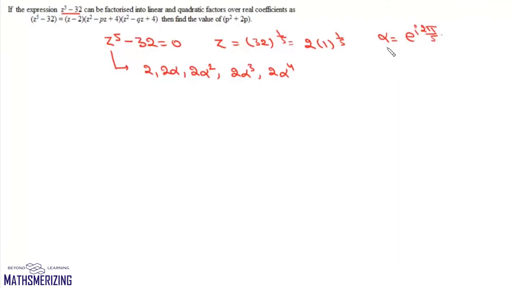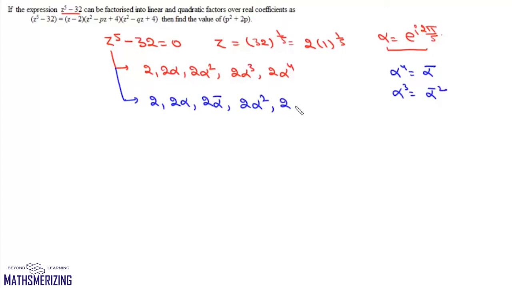Now since alpha is the fifth root of unity, we know that alpha to the power 4 is alpha bar and alpha cube is alpha bar square. So the 5 roots can also be expressed as 2, 2 alpha, 2 alpha bar, 2 alpha square, and 2 alpha bar square.